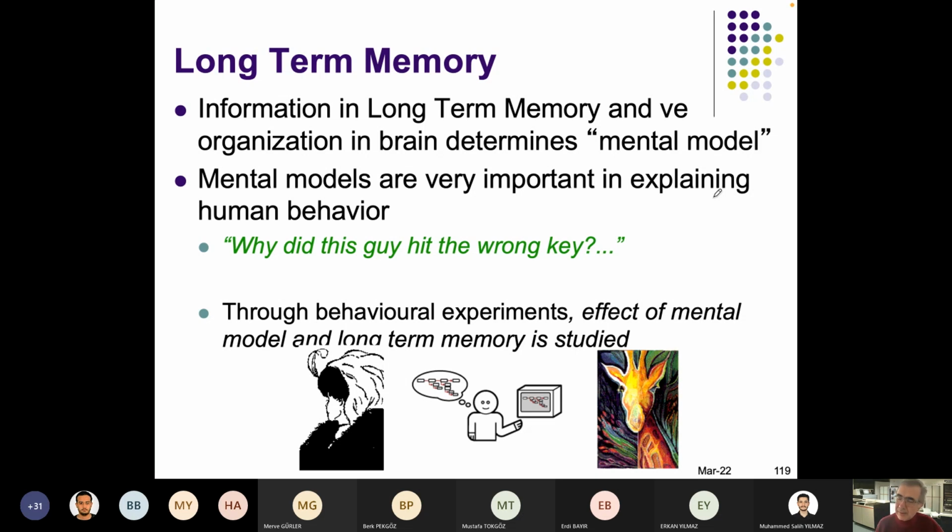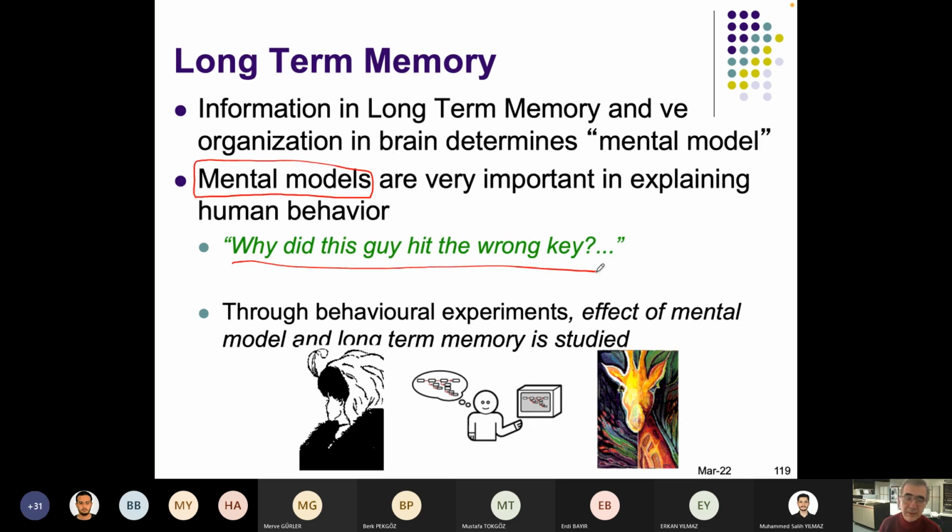In order to understand that, there is a keyword called mental model. Mental models are used to explain why this guy hit the wrong key, because nobody wants to hit the wrong key. You hit the wrong key because you believe that it is correct.